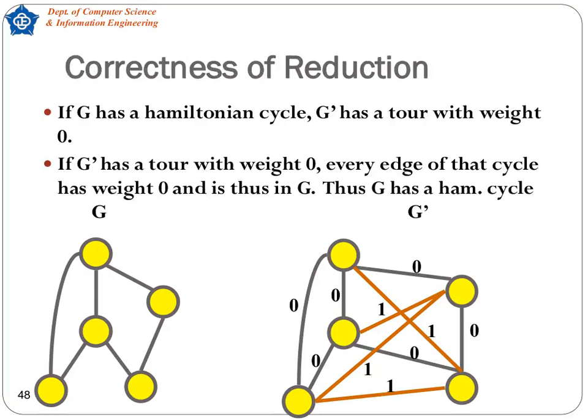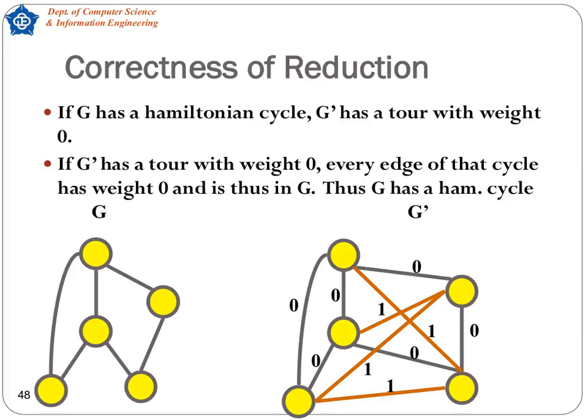In the illustration, our original graph G sits on the left. On the right is G', the complete graph on the same vertices, where every edge that existed in G carries weight 0, and every new edge carries weight 1. First, if G has a Hamiltonian cycle, then those edges all exist in G' as weight 0 edges.